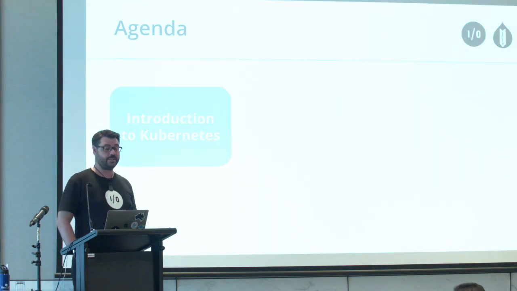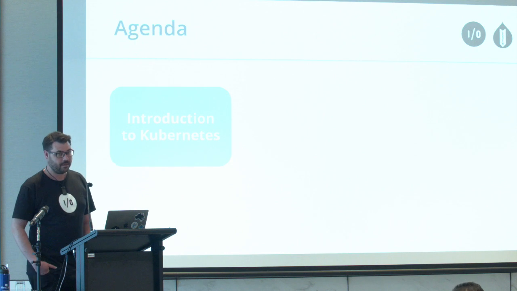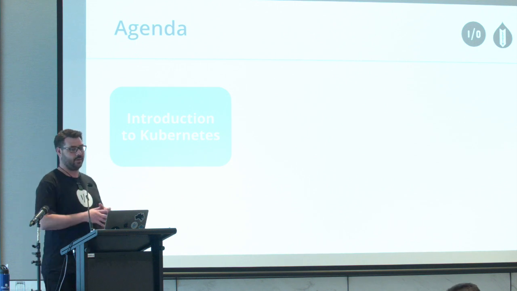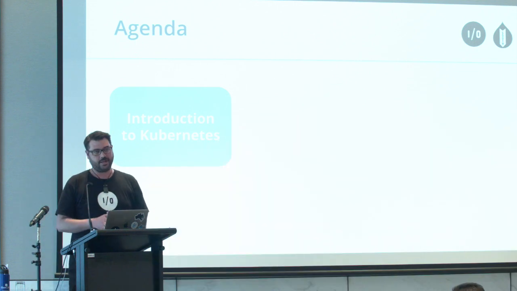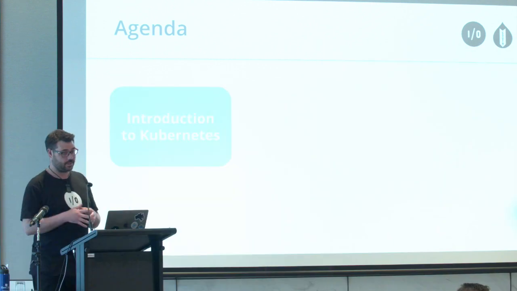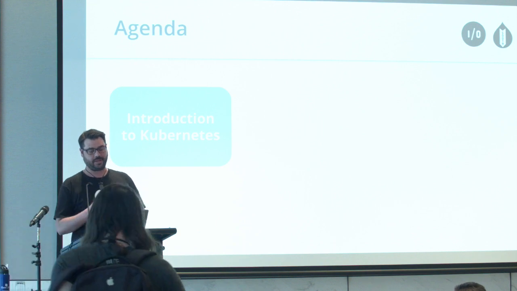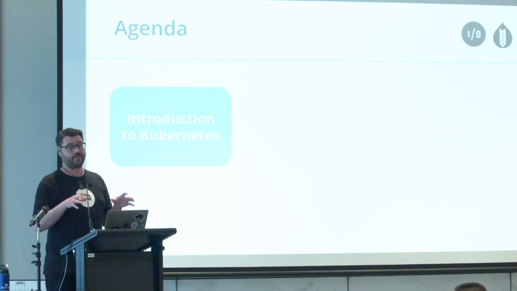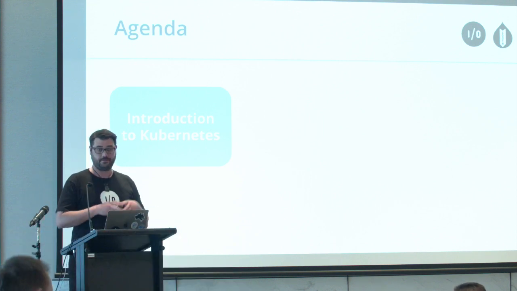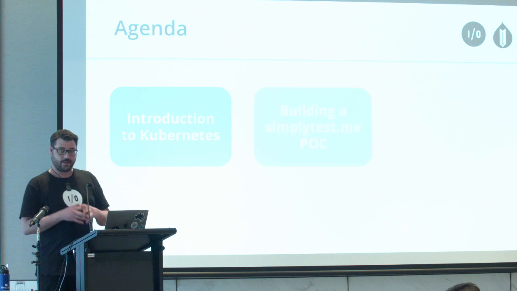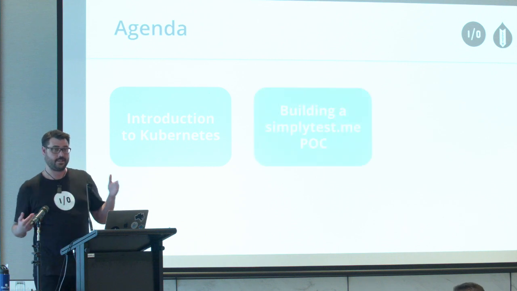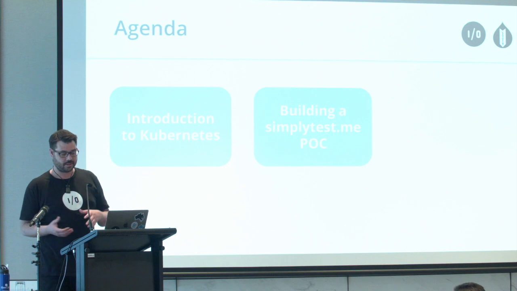So quickly, to discuss the agenda of today, we're going to give you a very high-level overview of Kubernetes. It's a huge subject, but just enough to understand what it talks about. We're going to try and build a proof of concept of simplytestme. Next we'll move on to the step-by-step guides, what we'll need, how that works.